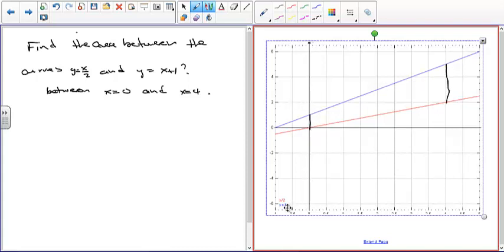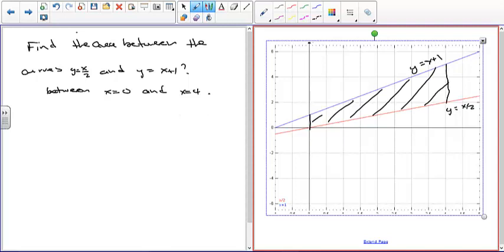The blue curve is y equals x plus 1, and the red curve is y equals x divided by 2. When I calculate the area, I'm looking for this area. The one that's on the top is x plus 1.